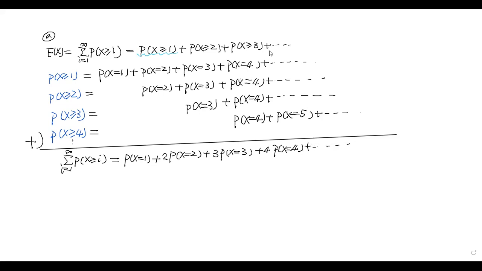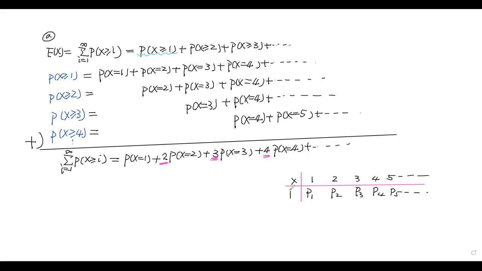So you see this is 2, 3, 4. Because x is a whole number, the PMF of x has values 1, 2, 3, 4, 5, with probabilities P1, P2, P3, P4, P5.